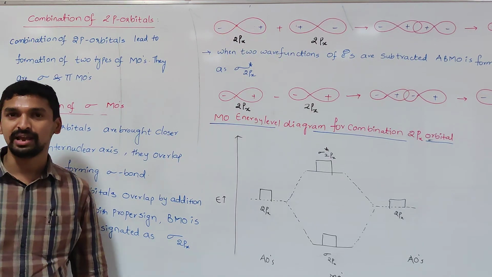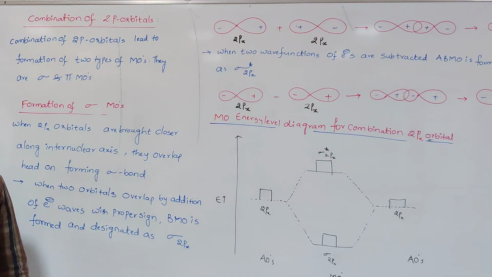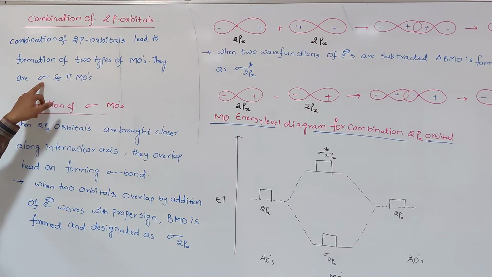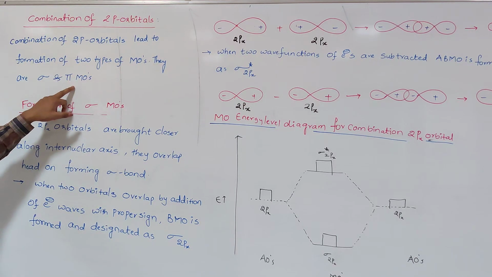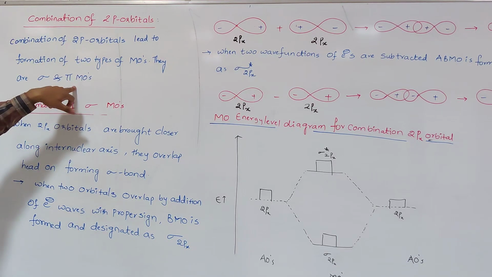So the remaining y and z axes are perpendicular to this internuclear axis. The combination of the 2p orbitals, 2px, 2py and 2pz, leads to the formation of two types of molecular orbitals: sigma molecular orbitals and pi molecular orbitals.